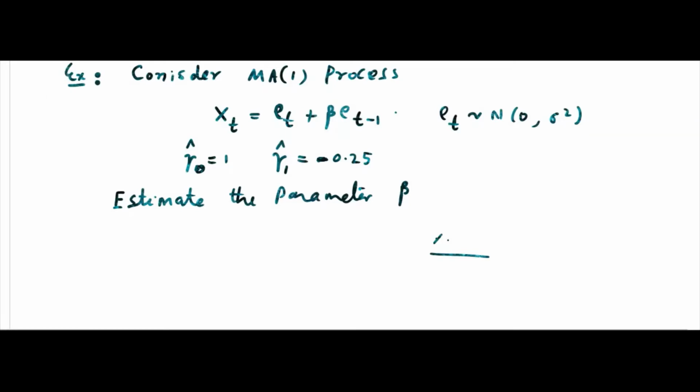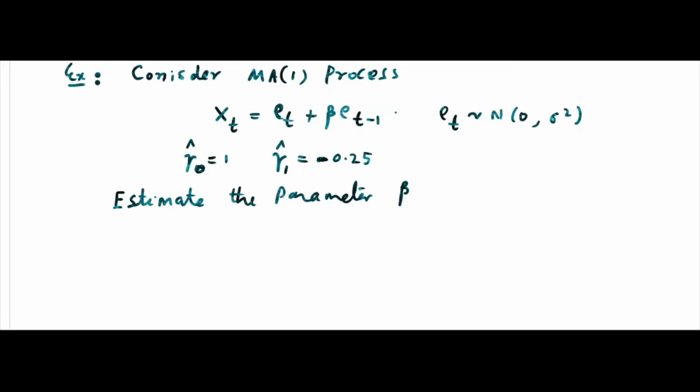If you estimate beta, then only you can use the MA1 model, considering that it's already stationary. You made it stationary otherwise by different procedures. There are online tools also. If you put in any data, they will transform it to stationary. So now the only important thing for you is to estimate beta.